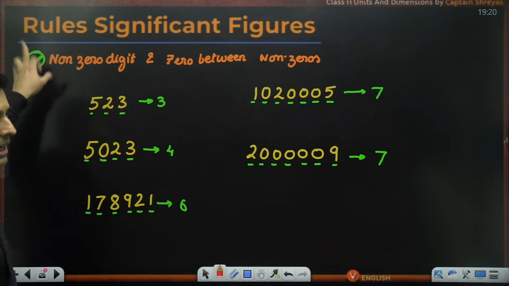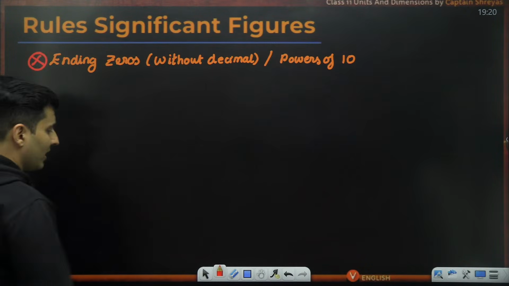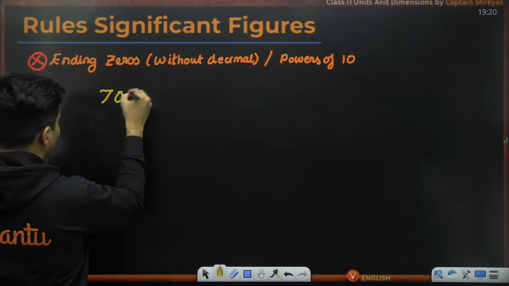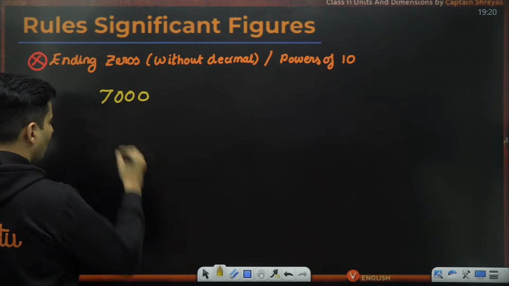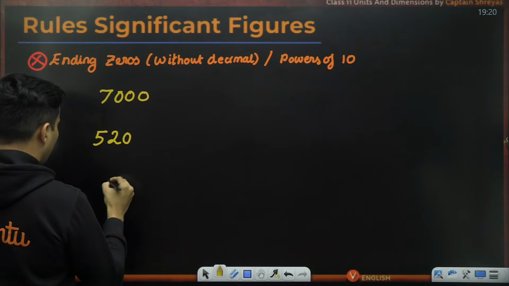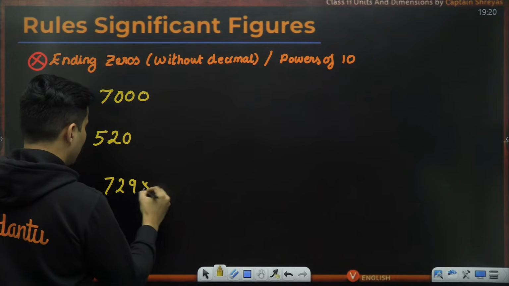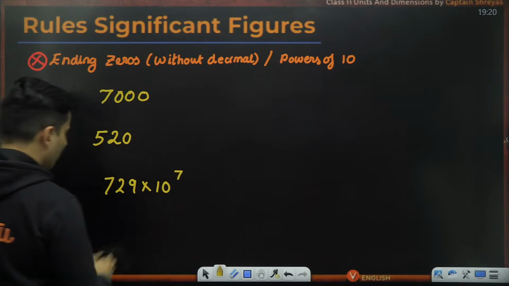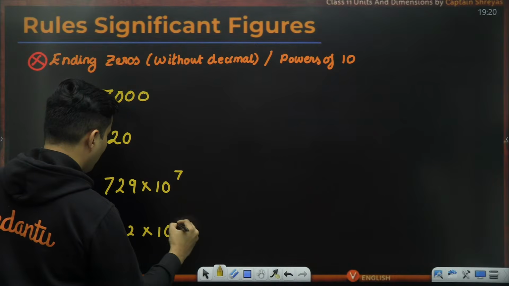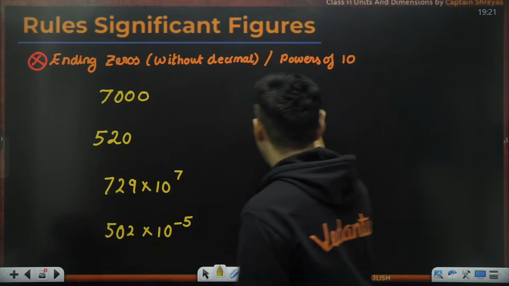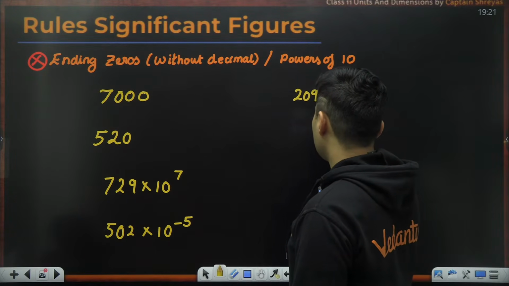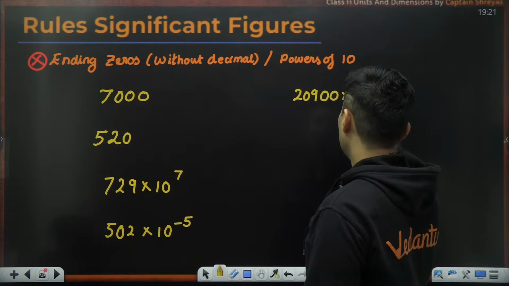Very, very important. The tick mark is for significant, the cross mark is for insignificant. Examples for this: 700, or let's say 520, or let's say 729 multiplied by 10 to the power 7, or 502 into 10 to the power minus 5, or even let's say 20900 into 10 to the power 3.